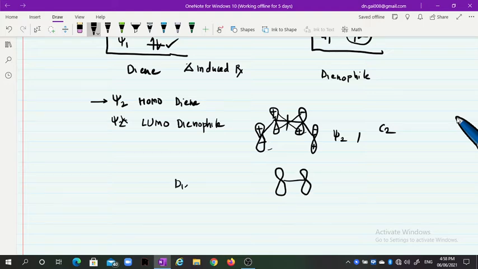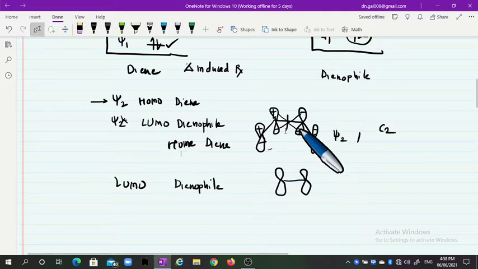This is for the dienophile system, the LUMO of dienophile, and this is the HOMO of diene. For psi2 star, one node is there: positive, negative, positive, negative.